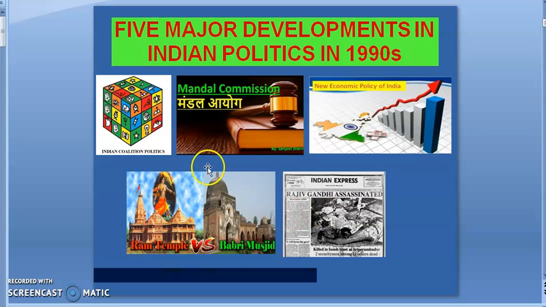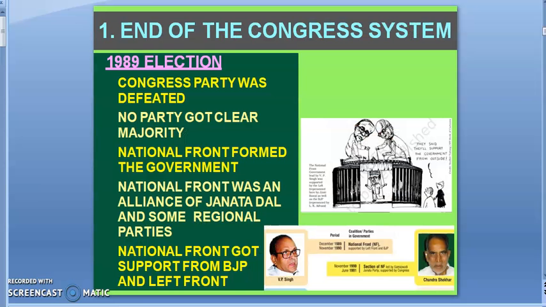In this chapter, we will discuss in detail these five: the era of coalition, Mandal Commission, adoption of the new economic policy, demolition of Babri Masjid and assassination of Rajiv Gandhi. And then we will discuss the UPA government and NDA government.